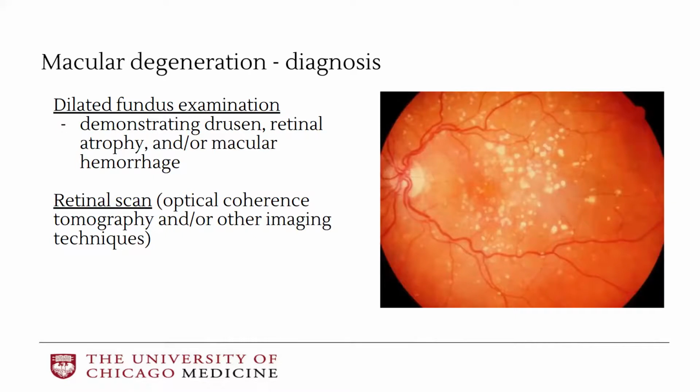And then there's also something called optical coherence tomography, or OCT. An OCT of the retina provides a cross-sectional image that allows your ophthalmologist to see what's happening in every layer of the retina, to figure out what is going on. Is there any fluid there? Are there drusen, etc.?